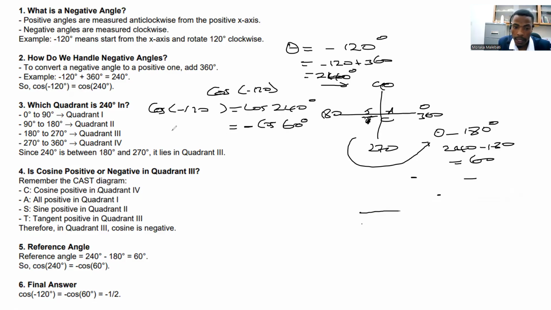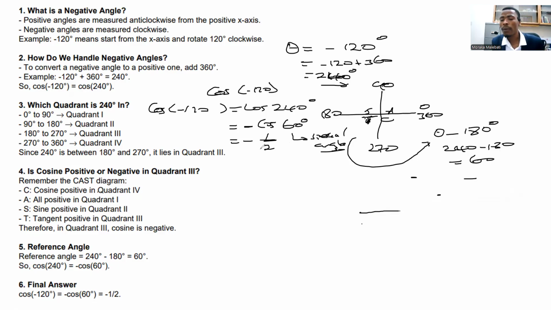Therefore cos of negative 120 is exactly like minus cos 60. Because we know that 60 is a special angle, which I'm going to explain shortly, cos 60 is just half, remember this is negative.